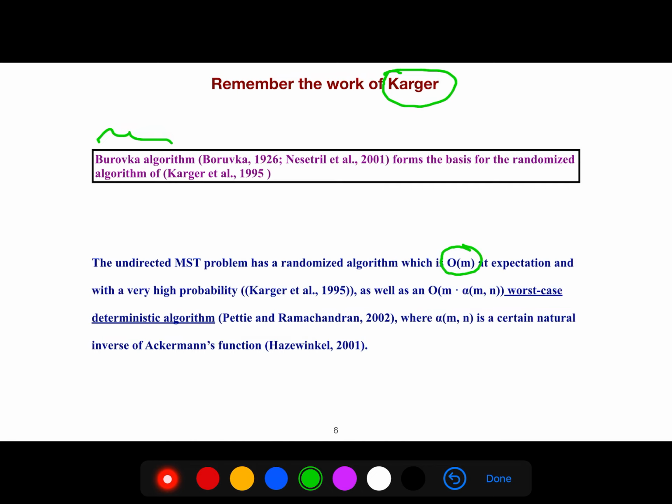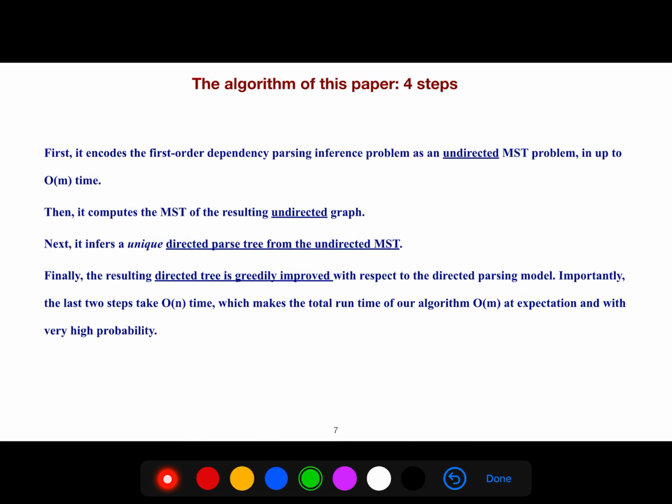That is why we like this. In expectation, of course, and with a very high probability. The worst case is order of m times alpha, a deterministic case where alpha is a certain natural inverse of Ackermann's function. These are very old things, but we use them nowadays for dependency parsing at inference time, because we want fast parsers. Linguists push us to work on fast algorithms. They say we need lower time complexity.